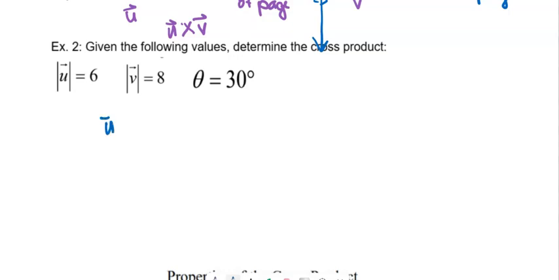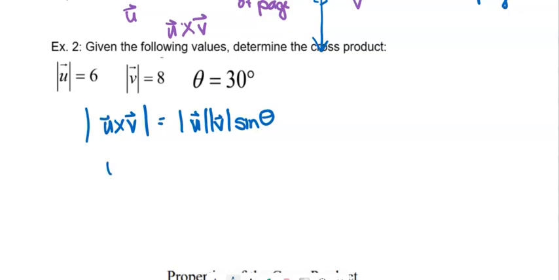Okay, so let's look at an example where we're going to apply our sine rule. The magnitude of U cross V is equal to the magnitude of U, times the magnitude of V, times the sine of the angle in between. I've already been given these two magnitudes. I don't actually have the vectors, I just have the magnitudes of the vectors, 6 and 8, and sine of 30.